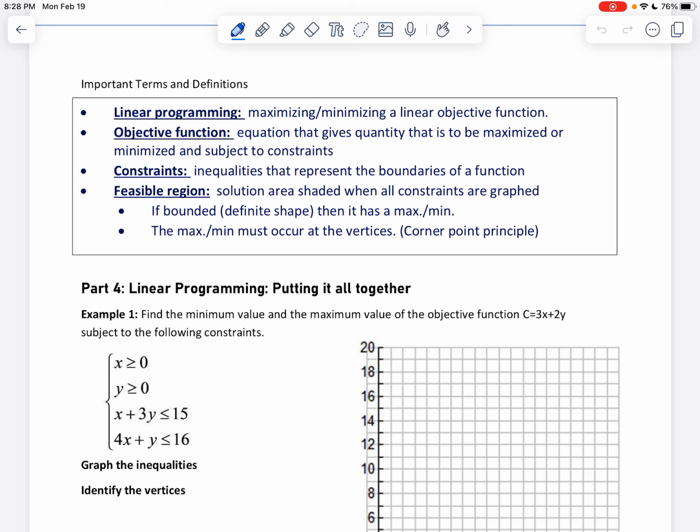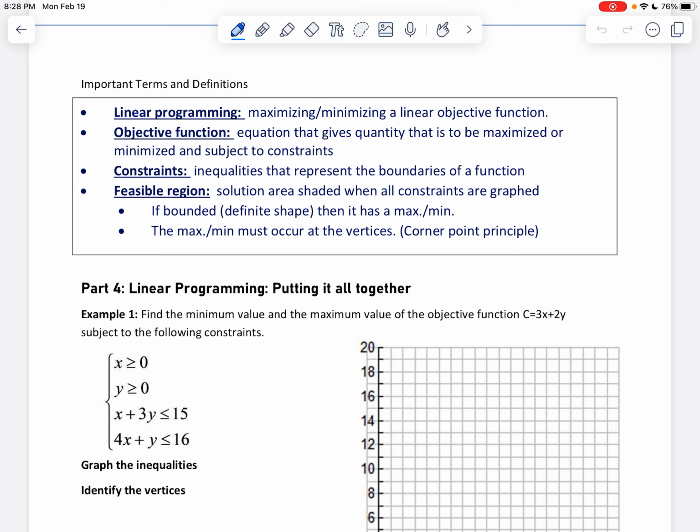So we graph all of these constraints and we shade them because they're inequalities on a graph. And where all of the constraint graphs overlap, that is the section where we can find solutions. We saw before that when the shadings overlap, any points that would be within both shadings are solution points.